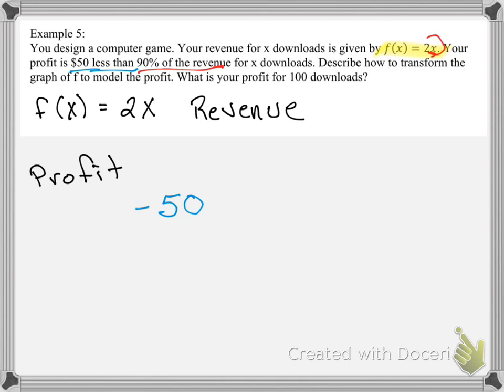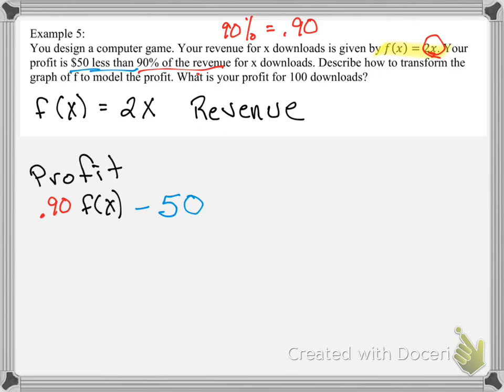Well, my revenue is this function right here. So 90%, I'd need to multiply by 0.90. Again, 90% is the same as 0.90. Move the decimal over 2 places, per 100, of the revenue. My original revenue was my f of x.